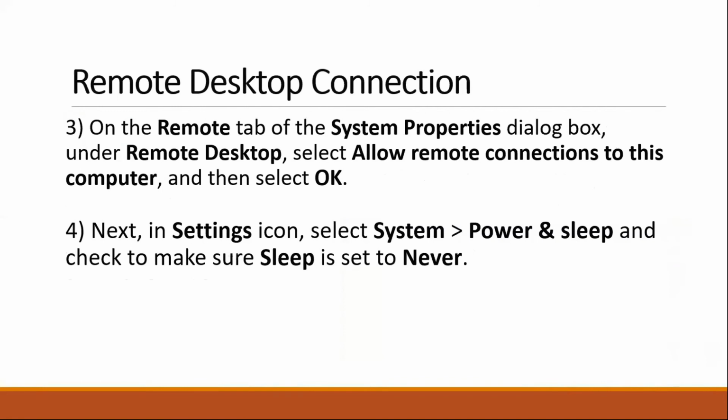Then on the Remote tab, you'll want to allow remote connection to this computer. Then again, go to your settings icon, select System, and then go to Power and Sleep, and check to make sure that sleep is not set to never. If the machine goes to sleep, then you won't be able to connect to it.